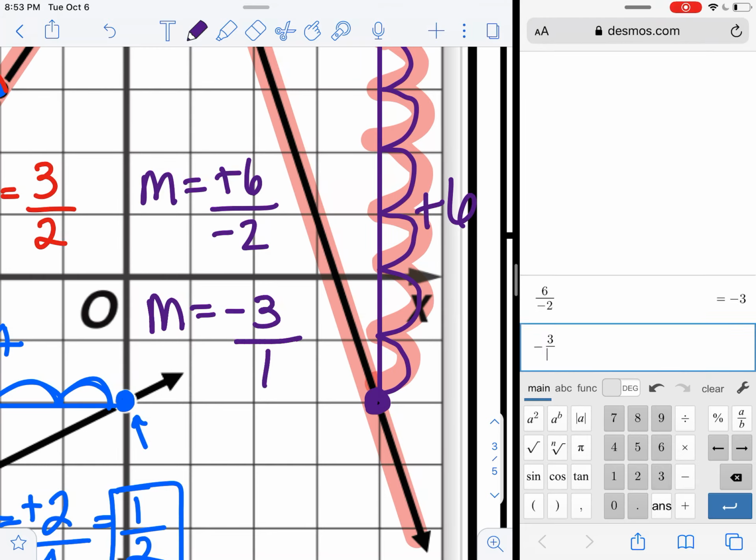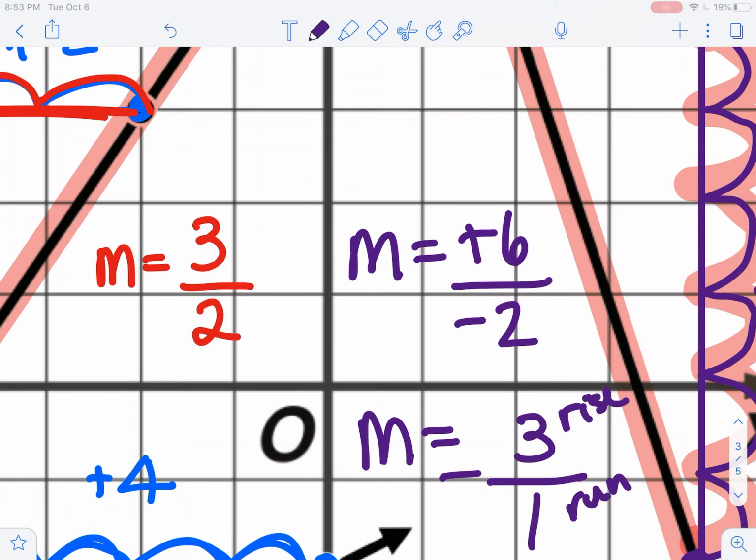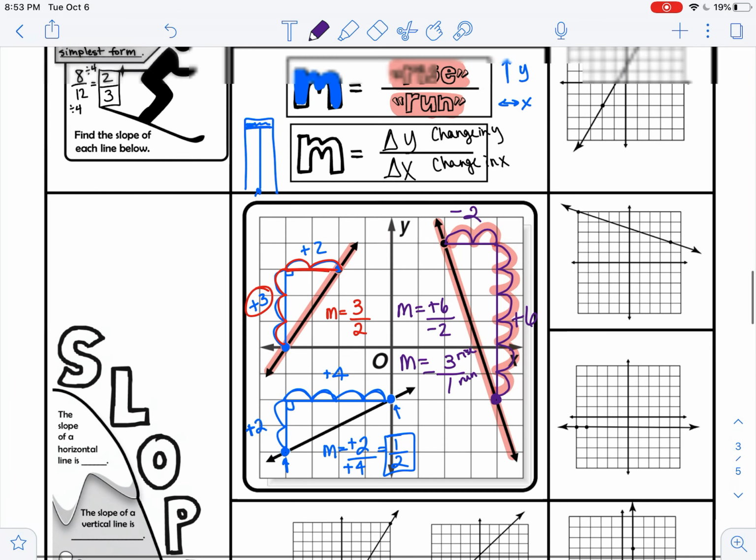Negative 3 divided by 1 is the same thing as negative 3. So in this case, this would be our rise and our run. Now we might take that negative 3 and bring it out to the side. Oh, I can't write today, sorry. Totally up to you. So let's just recap for a second.